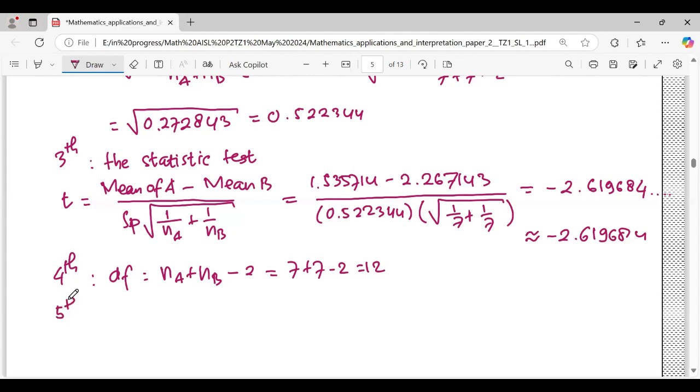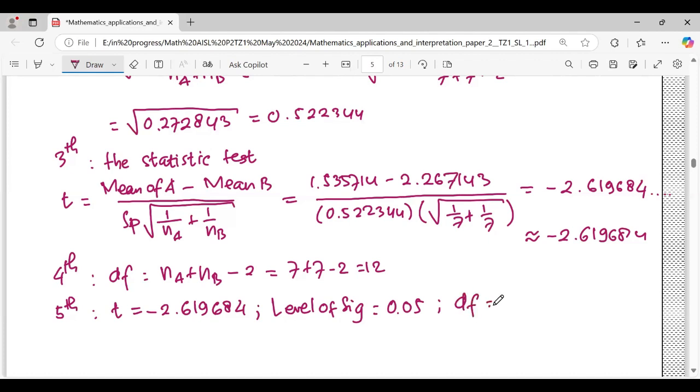And the fifth step, we are going to find the p-value on the calculator when t equals minus 2.619684, then the level of significance is 0.05, and then the degrees of freedom 12.